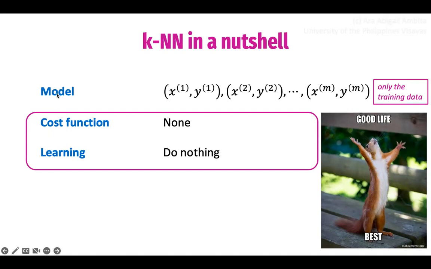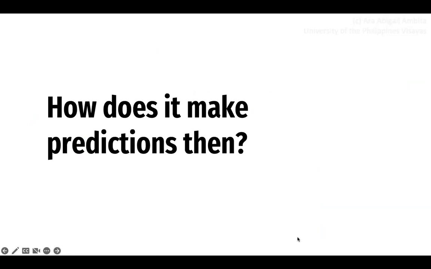And of course, that cost function must be minimized so that we could achieve better predictions, and we do that by learning or training the model. But KNN, on the other hand, doesn't have any cost function and it doesn't have any learning as well. It simply does nothing except storing the training data. So if that is the case, how does it make predictions then?